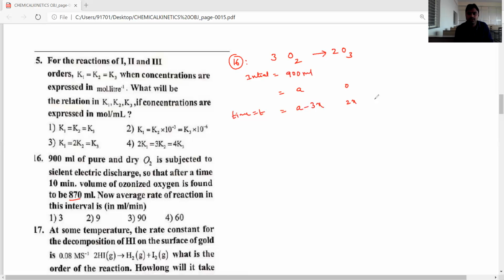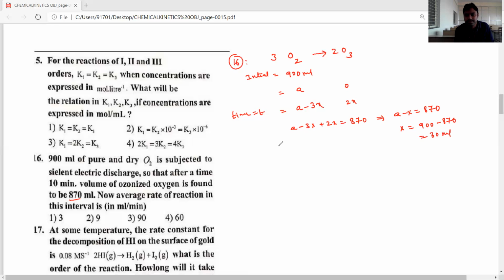Then at that time the total volume A minus 3X plus 2X is equal to 870 ml. Then A minus X is equal to 870, so X is equal to 900 minus 870, which is 30 ml.